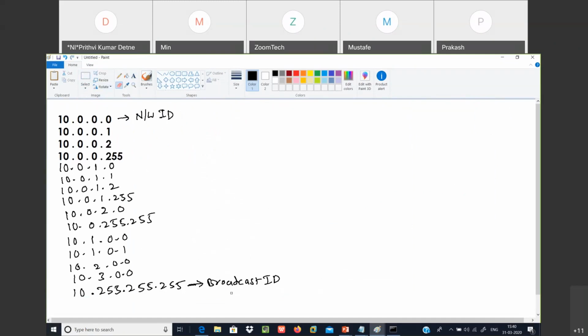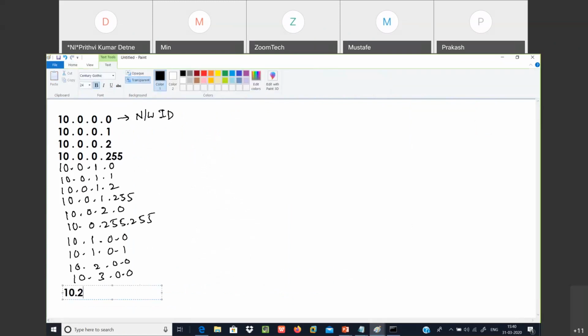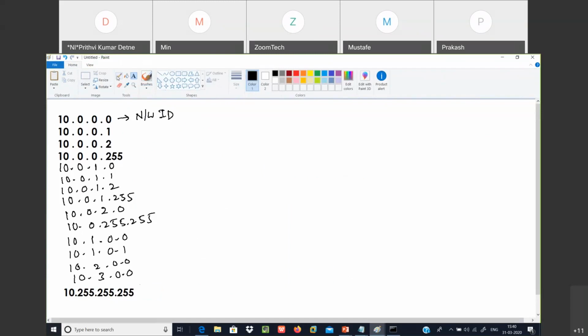So first one is network ID. The last one, which is 10.255.255.255, we call a broadcast ID.